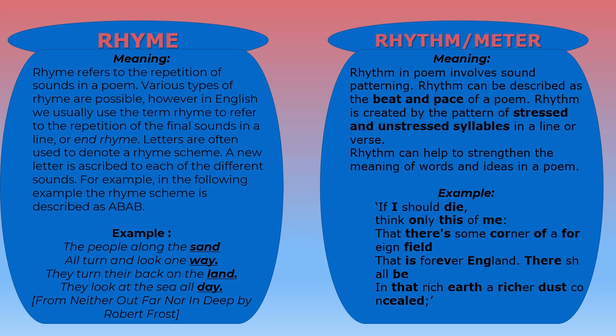Jadi untuk membuat poemnya itu lebih hidup. That is forever England, there shall be, in that rich earth a richer dust concealed. Nah, jadi ini bukan irama ataupun sajak yang ada sebagai penutup dari barisnya. Jadi lebih ke dalam kata-kata yang ada di dalam poem tersebut.